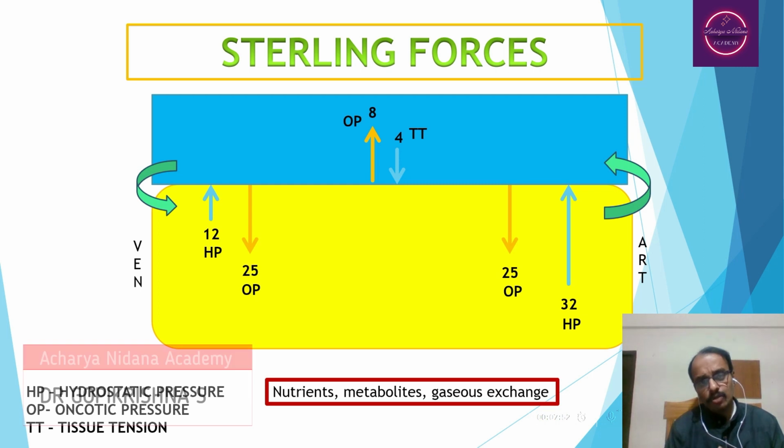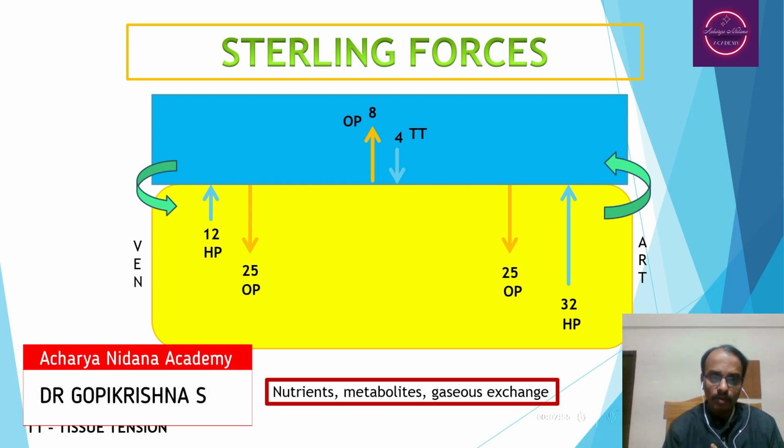The human body contains nearly 10 billion capillaries. The Starling forces are responsible for the movement of nutrients, etc. They comprise hydrostatic pressure and oncotic pressure at the capillary level, and the tissue tension, which is nothing but hydrostatic pressure exerted in the interstitial space, and oncotic pressure in the interstitial space. These are responsible for the movement of fluid or metabolites across the capillary membrane as well as the interstitial spaces.